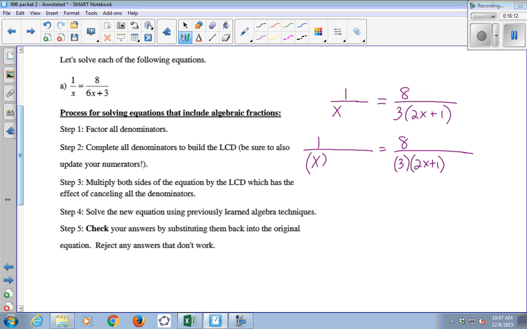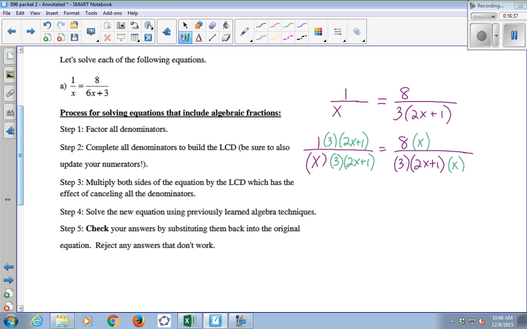Everything, a 3 and a 2x plus 1. So if you put it in the denominator, you have to put it in the numerator. And then the second fraction, what is it missing that the first fraction has? An x. So I put an x in the numerator and the denominator. So I've built a common denominator.